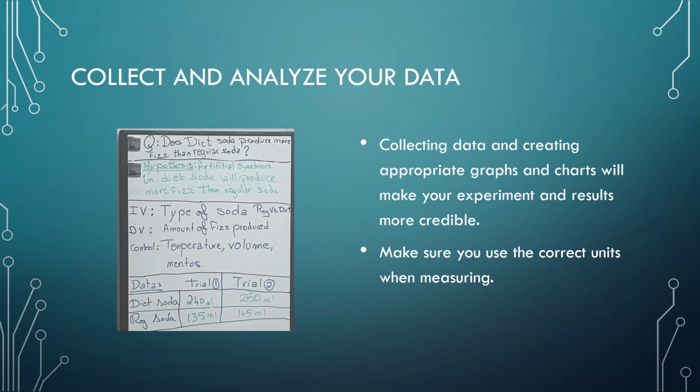And that being said, we are going to be using centimeters if it's in centimeters, meters if it's in meters, depending again on how much of the Mentos you have used in your experiment, because of course that's going to make a big difference in the amount of fizz or the height of fizz that will be produced. So again, this is a way of remembering what is needed for your experiment.